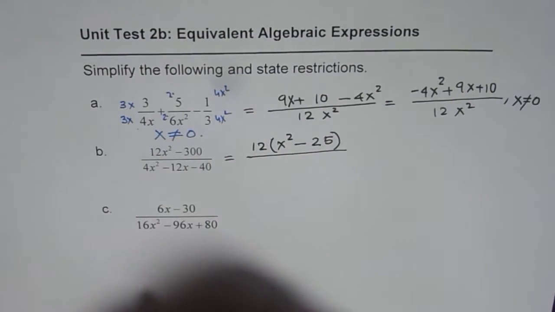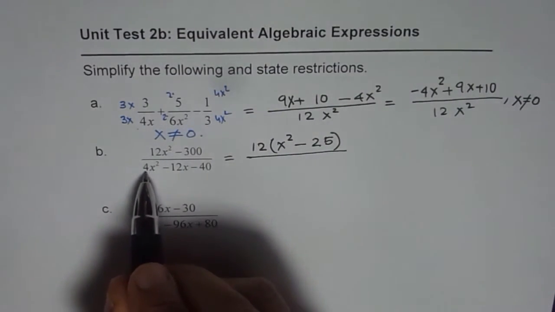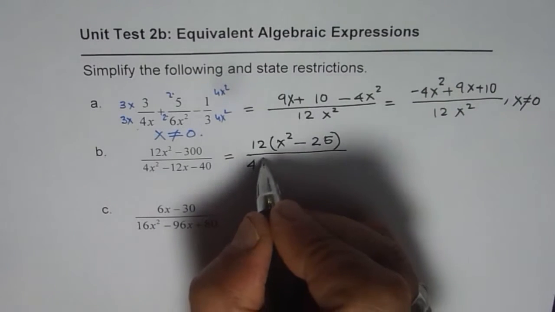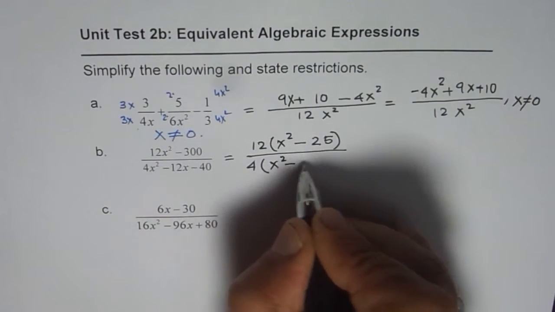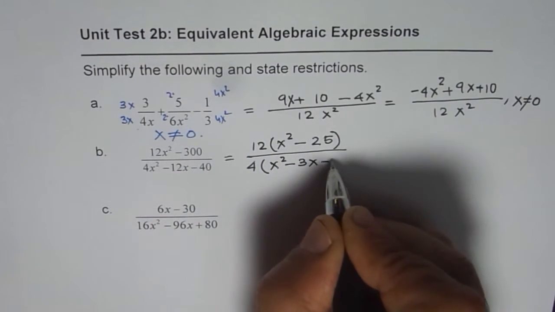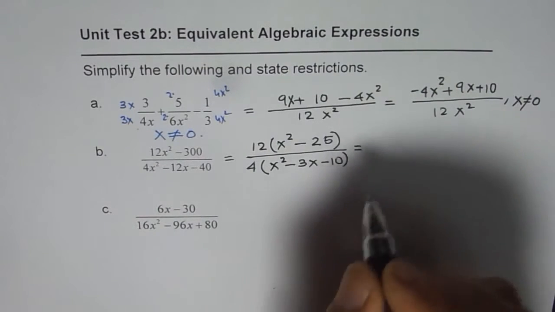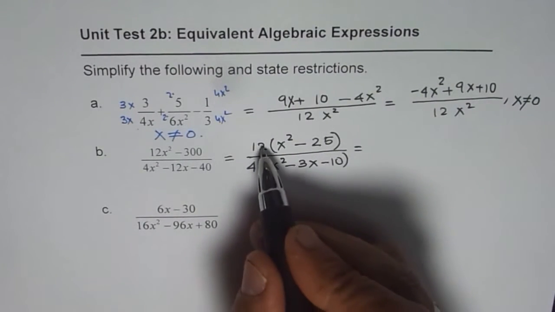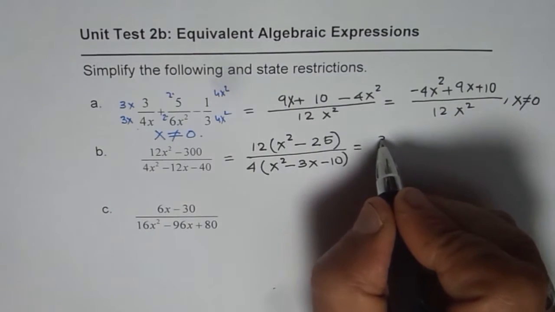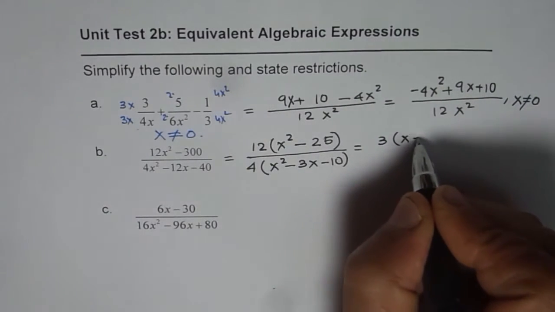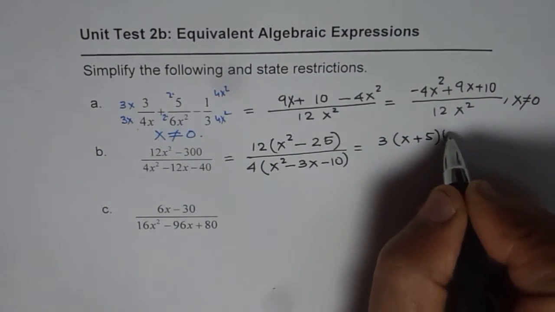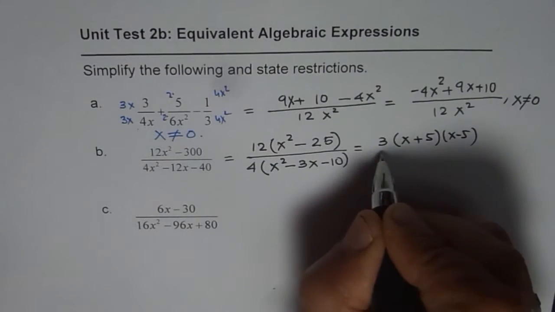As far as the denominator is concerned, we can first factor 4. So if I factor 4, I'm left with x squared minus 3x minus 10. Now we can further factor. 12 divided by 4 is 3. We can write the numerator as x plus 5 times x minus 5.